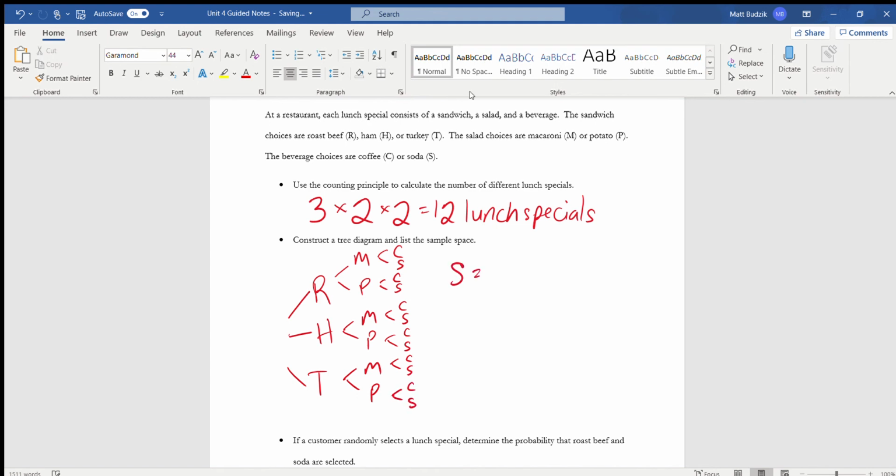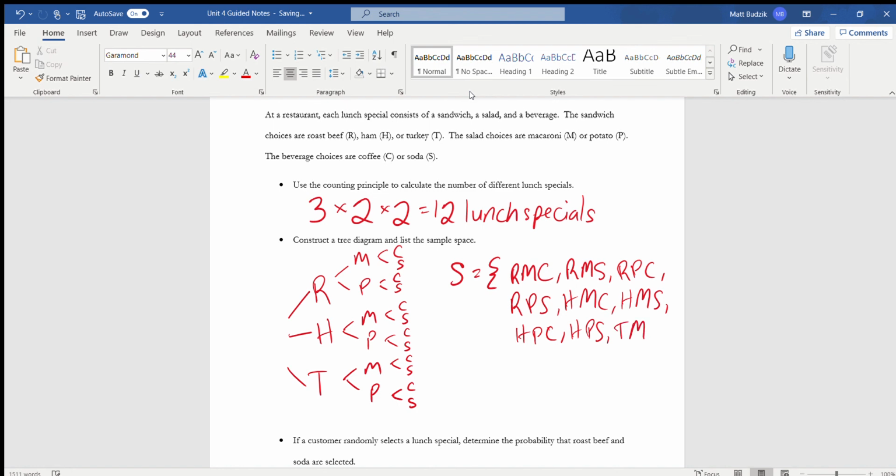And then my sample space, just following my branches. I have roast beef, macaroni, and coffee, roast beef, macaroni, and soda, roast beef, potato, and coffee, roast beef, potato and soda, ham, macaroni, and coffee, ham, macaroni, and soda, ham, potato, and coffee, and then ham, potato, soda, turkey, macaroni, and then coffee, turkey, macaroni, soda, turkey, potato, coffee, turkey, potato, soda.